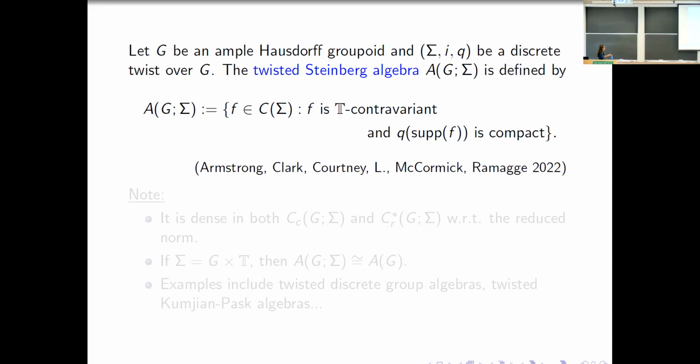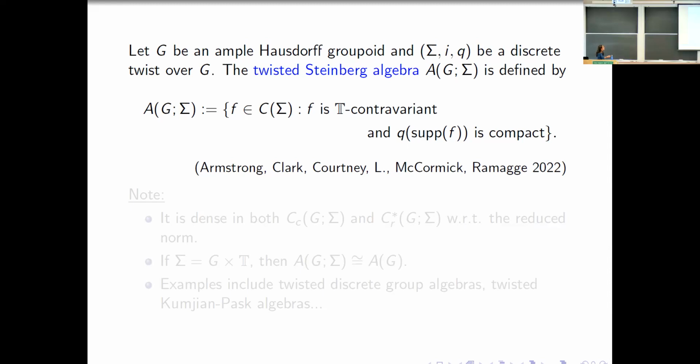Otherwise the definition is very similar to what we had previously. I take a twist and ask that the topology on T is the discrete topology, and then we can define the so-called twisted Steinberg algebra. It is the collection of all continuous functions, as we did previously, defined on the twist sigma, which are T-covariant. Moreover, I ask that the support be compact.